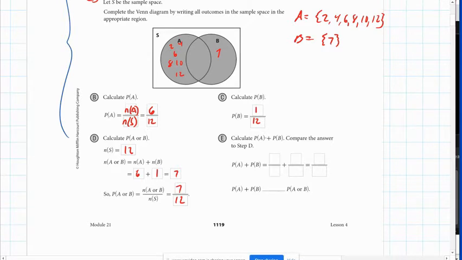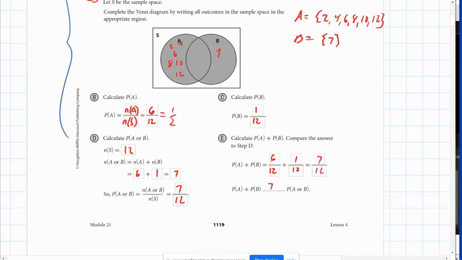And then if we calculate the probability of A plus the probability of B, the probability of A, we said, is 6/12 or 1/2. I'm just going to leave this as 6/12 because it'll be easier to add them. Probability of B is 1/12, and when I add those, I get 7/12.